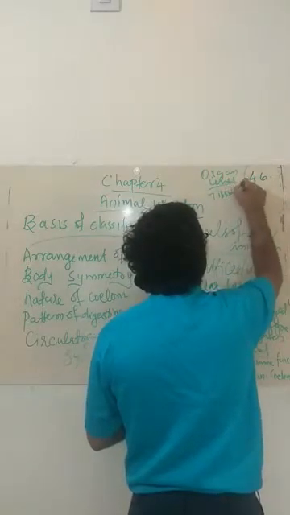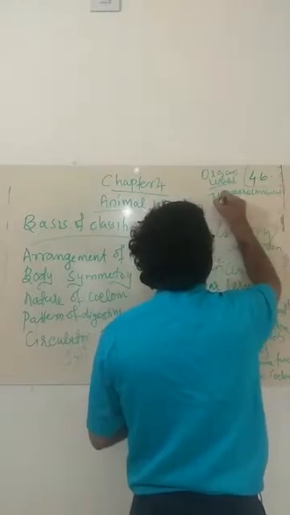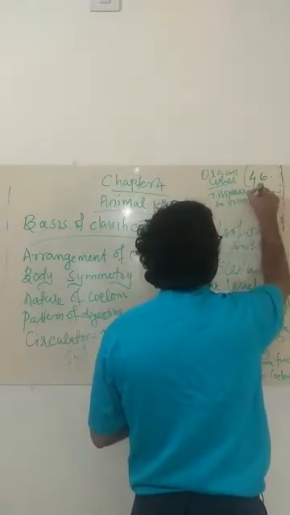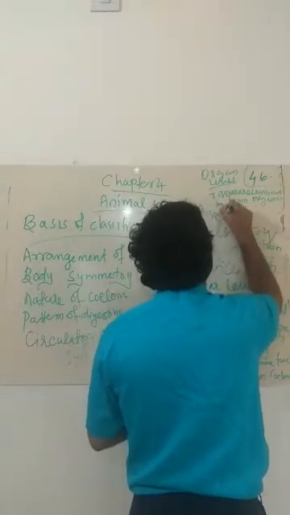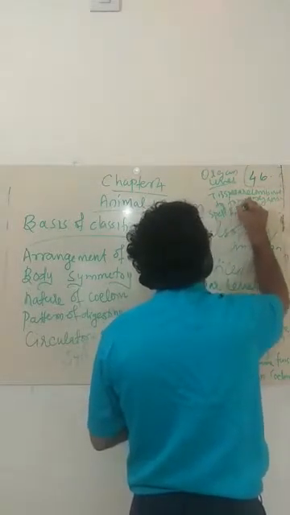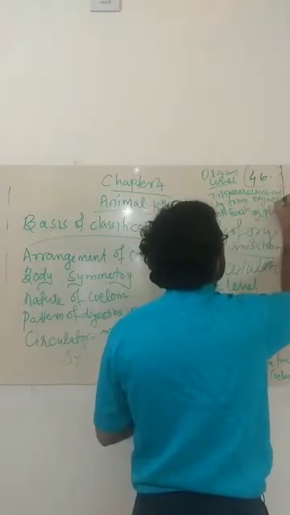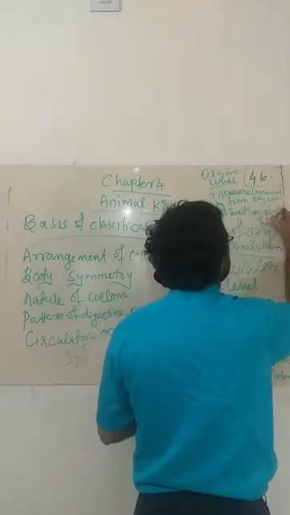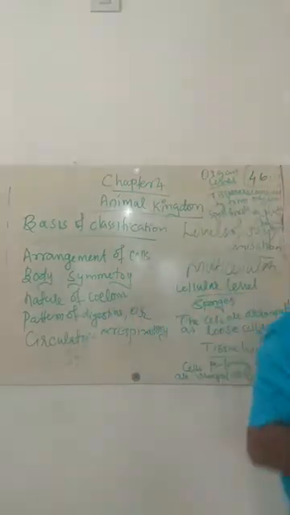Tissues are combined to form organs, and each organ has specialized functions. Example, Platyhelminthes.